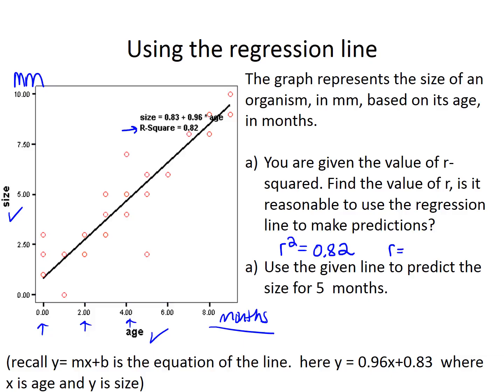So if we're given R squared and we want R, we do the opposite operation, which is to take the square root. So you can get out a calculator and hit square root of 0.82, and the square root of 0.82 is 0.9055.